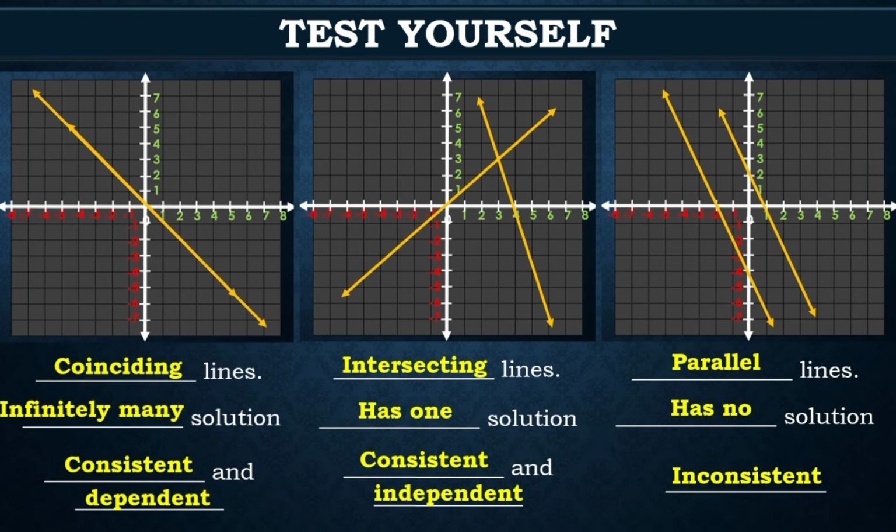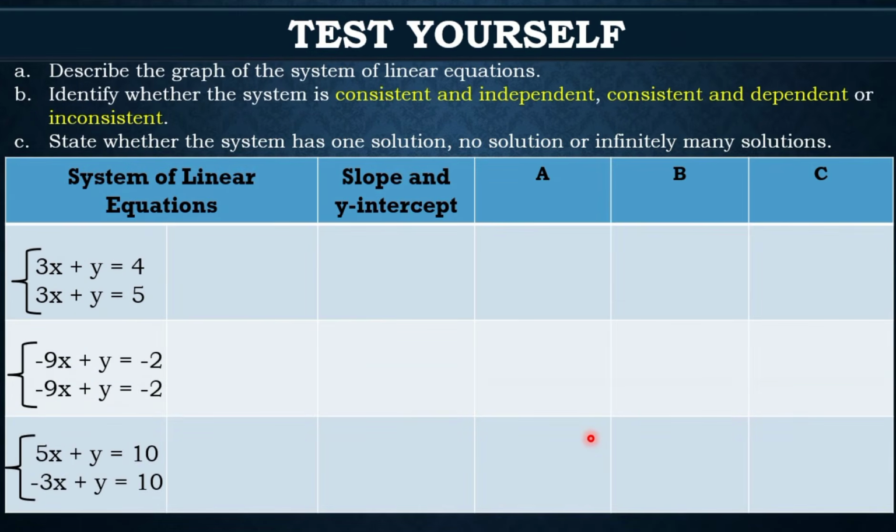Okay? Next. Okay. So this one, ang gagawin nyo naman is you have to, dito sa A, identify kung ano ang graph niya, intersecting, parallel, or coinciding. Dito naman, ang isasagot nyo is consistent and independent, consistent and dependent, or inconsistent. And then sa letter C, ang ilalagay nyo kung one solution, no solution, or infinitely many solutions.